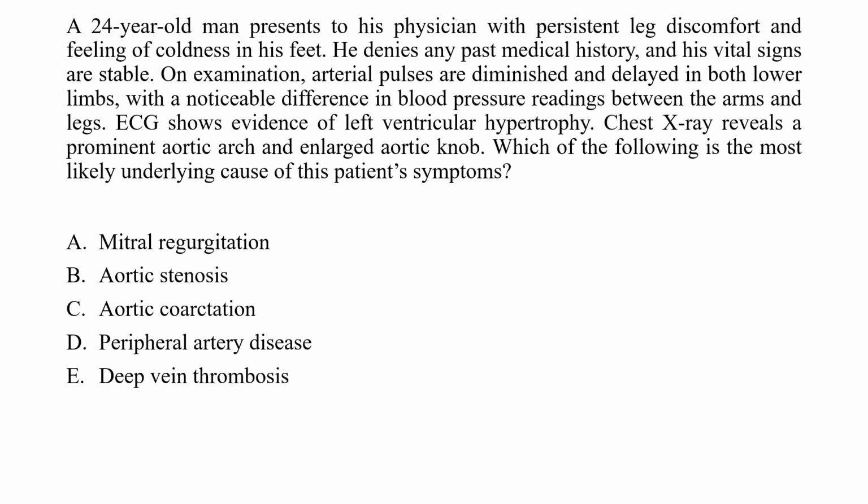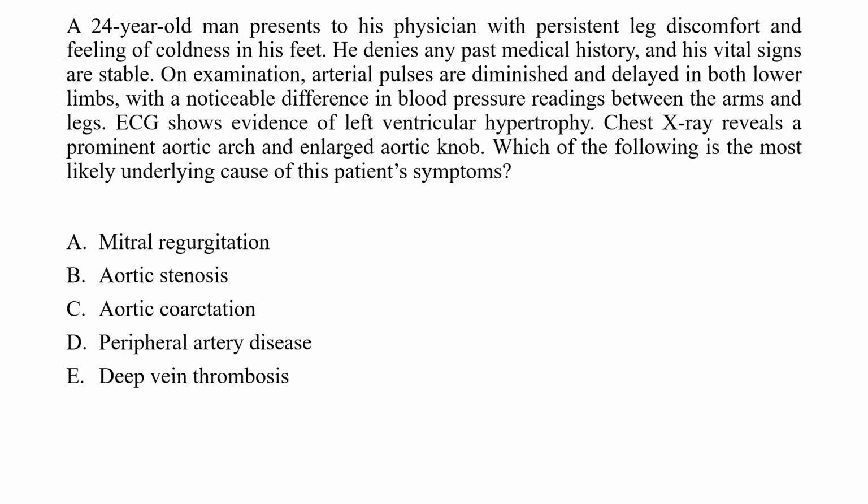The key points to focus on in this question are number 1, pulse discrepancy and blood pressure difference. This suggests obstruction somewhere along the aorta. Number 2, the left ventricular hypertrophy indicates the heart is working hard to push blood through a narrowed segment. And number 3, the chest X-ray findings of prominent aortic knob and dilated aortic arch suggest structural or post-stenotic changes.